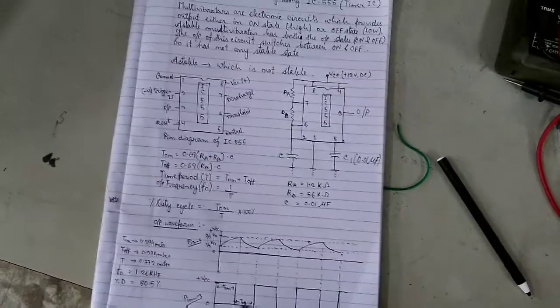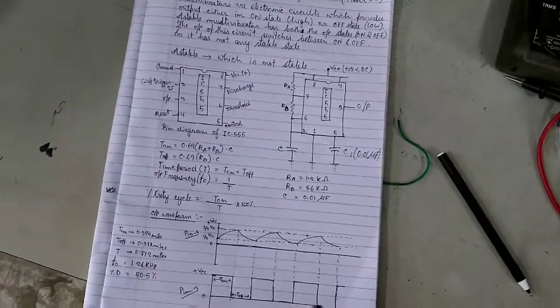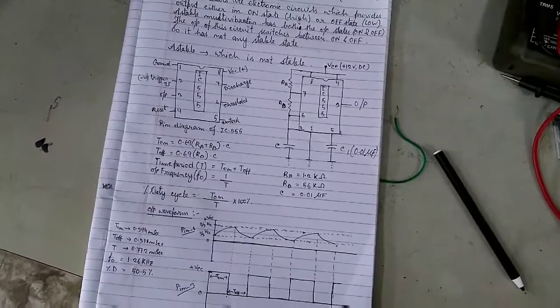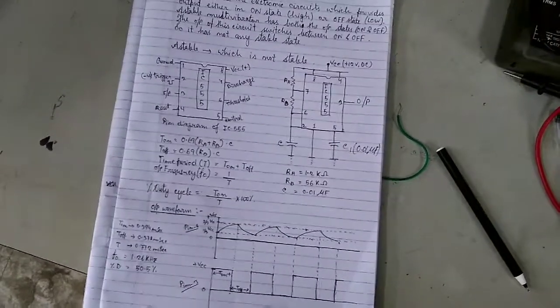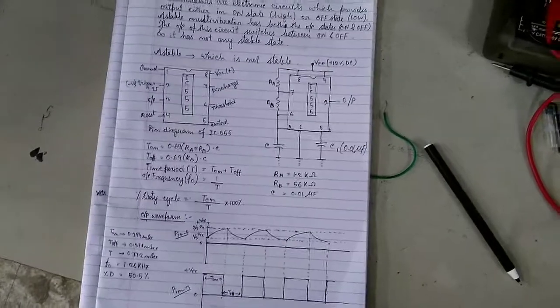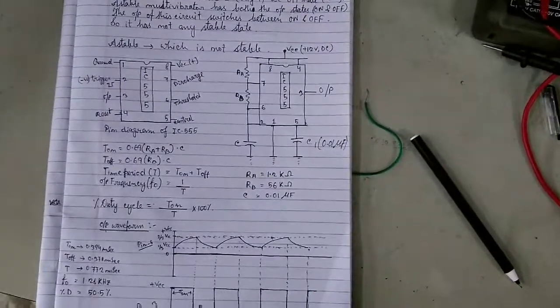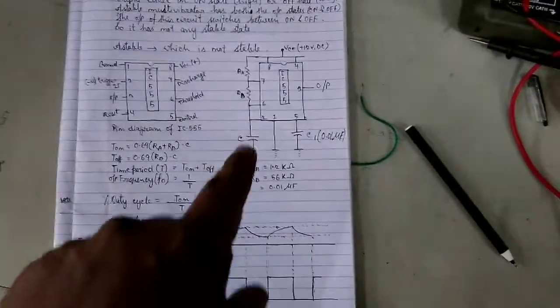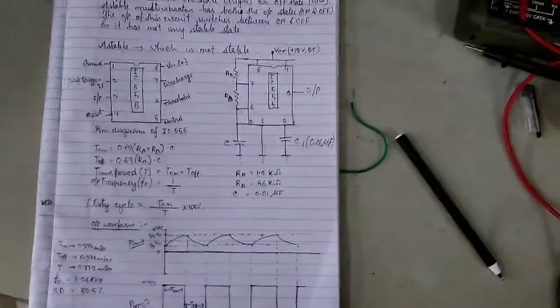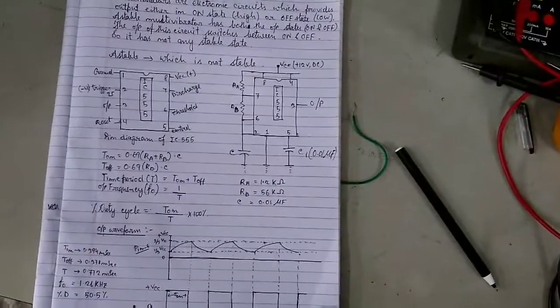That is, suppose A and B are the inputs, then we need some other input that is called the clock signal. So this astable multivibrator is the clock generator. The clock signal applied to the flip-flop circuit is generated from this circuit. Actually, this circuit is applicable for a clock generator.